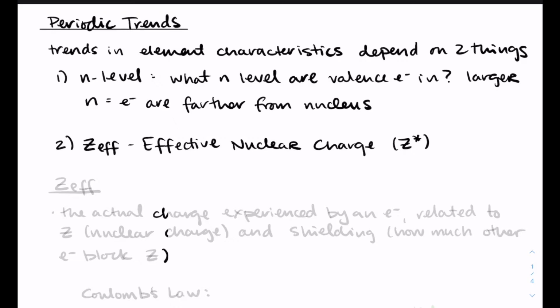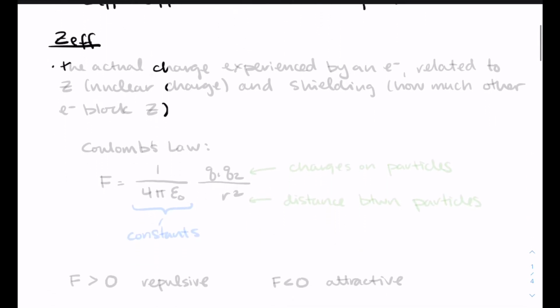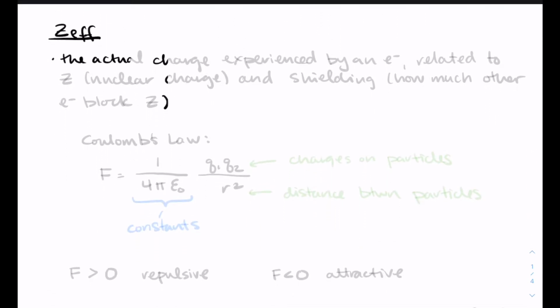That's the effective nuclear charge. It's the actual charge experienced by an electron related to nuclear charge, and the factor that connects the two is shielding. So how much other electrons block that pull from the nucleus.